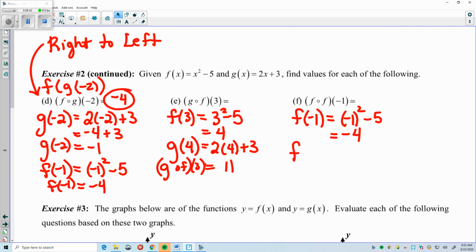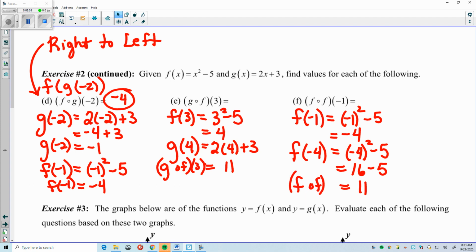So now I have to go back into the f function and reevaluate it, but this time at -4. So I have -4 squared minus 5, so -4 squared, I get a total of 16, and 16 minus 5, I have 11. So the f of f evaluated at -1, final answer, we get 11.